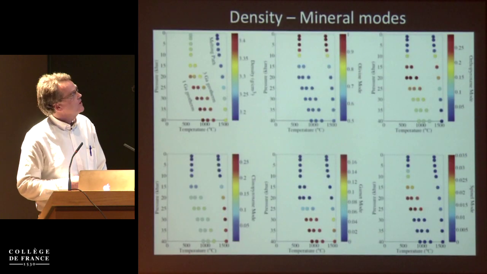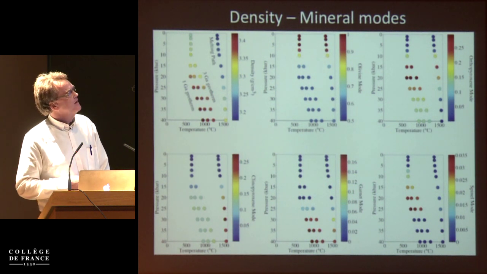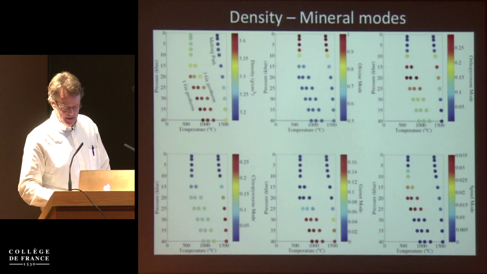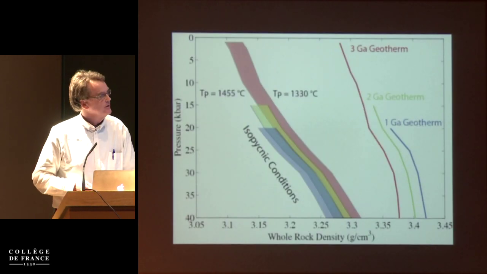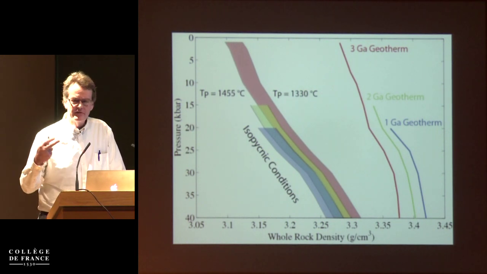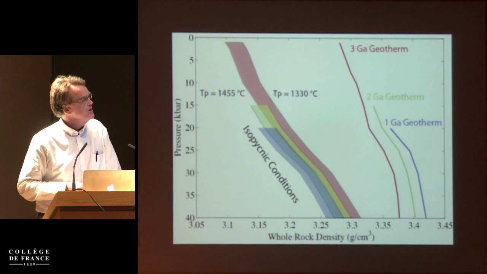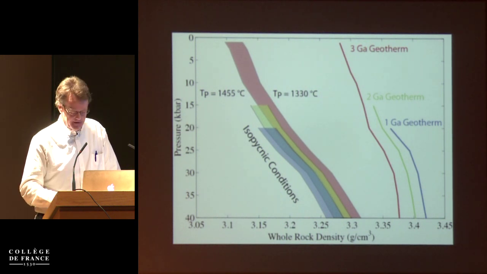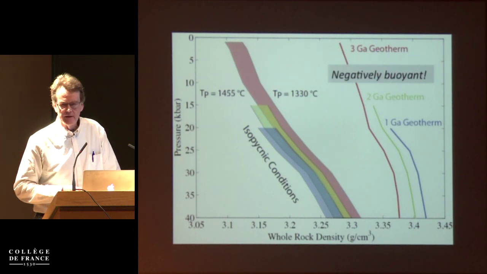We will go very quickly through here, but basically you can look at the effect of all of the different parameters on density here. And the bottom line, cut right to the chase, is that even for these natural cases for polybaric decompression melting here, all of these geotherms become negatively buoyant.